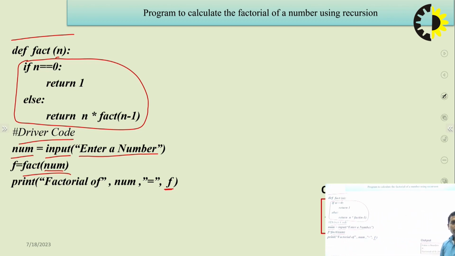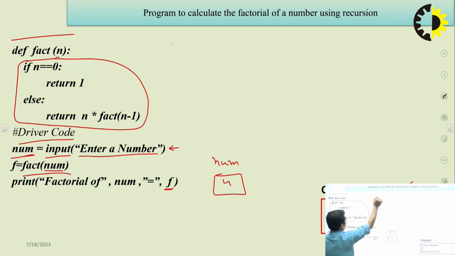So, here is one output case. Enter a number. If we give the number as 4, this line is executed, enter a number, and we receive 4 into the num variable. Now, with this 4, we are calling the function fact.